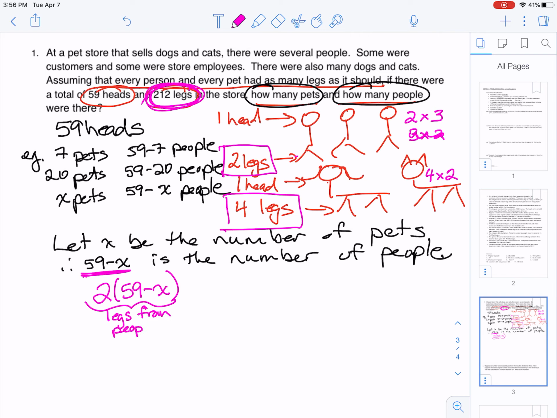So the number of legs from the people. And if we add to that the total number of legs from the pets, so we know there are x pets, and each pet has 4 legs. So this would be the total number of legs from pets.